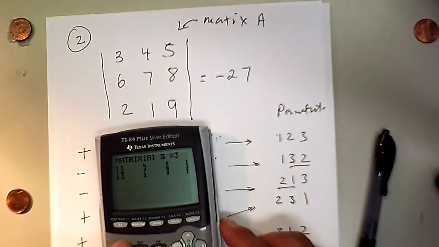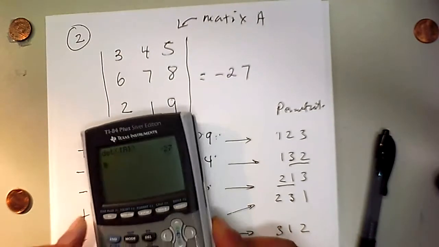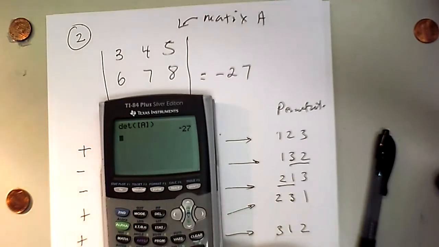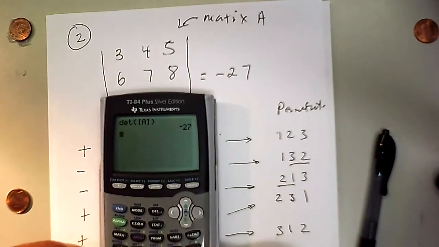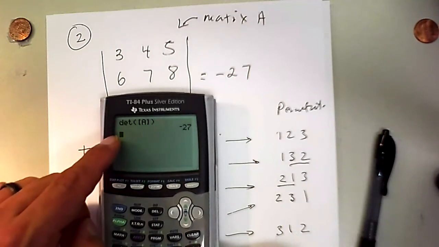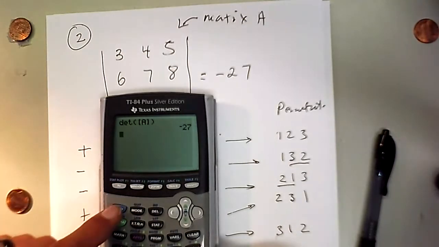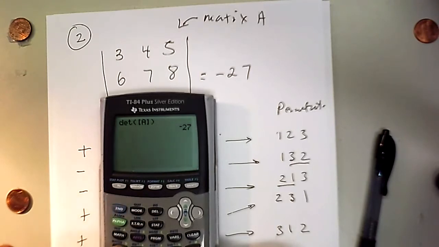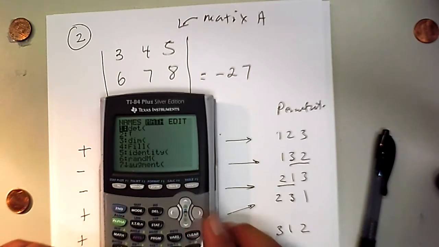I'm sure you can find many places. You don't necessarily need a graphing calculator now, with computers or phones or the internet. Then I found the determinant, which you can find under matrices. There is the math menu, and the first choice is the determinant.